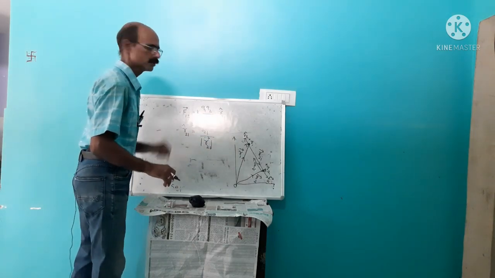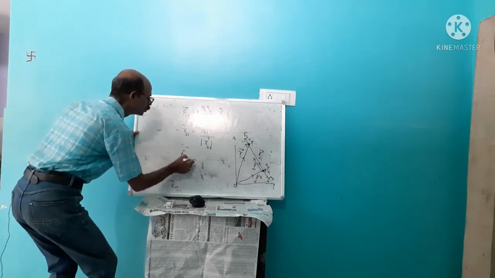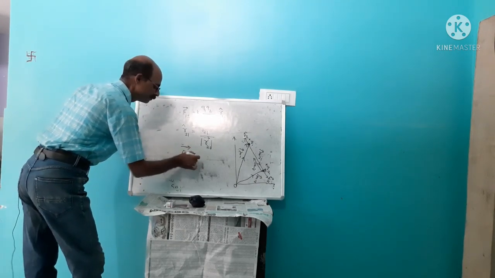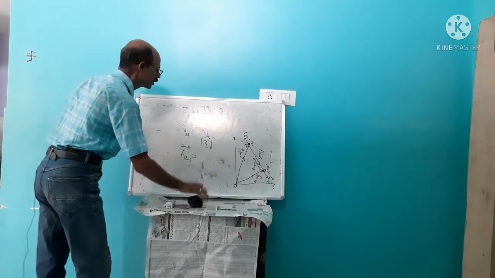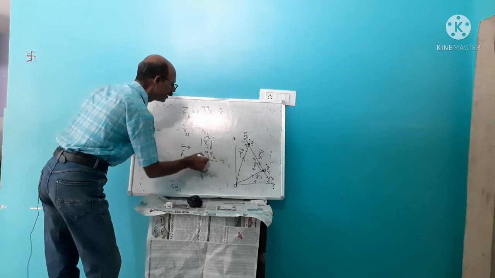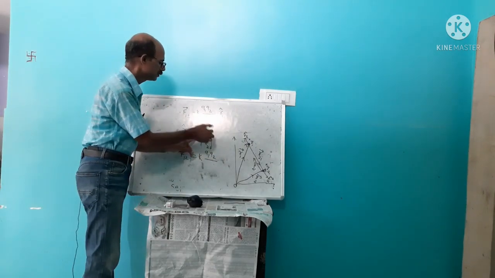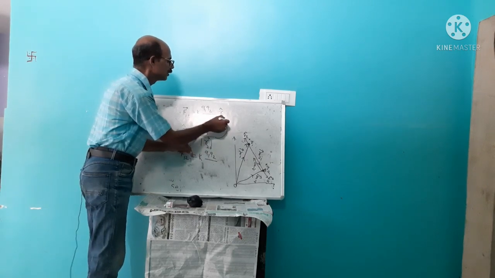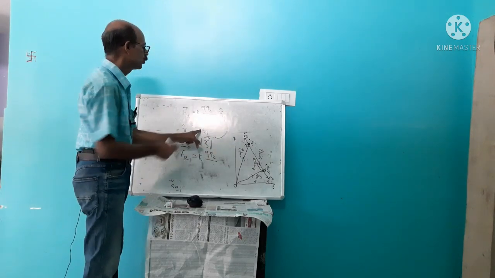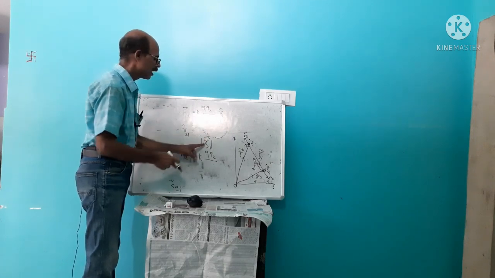Now place it here. What we will obtain? Vector F12 is equal to K into Q1 Q2 by, in place of R21 cap we will put this. So above will remain vector R21 and below what will remain?